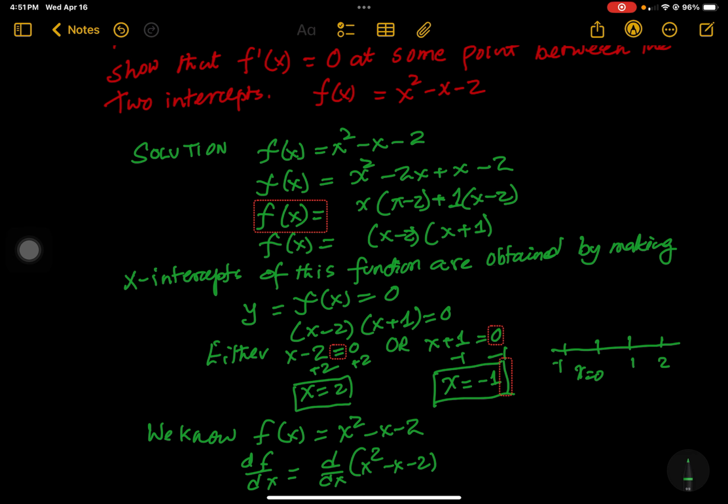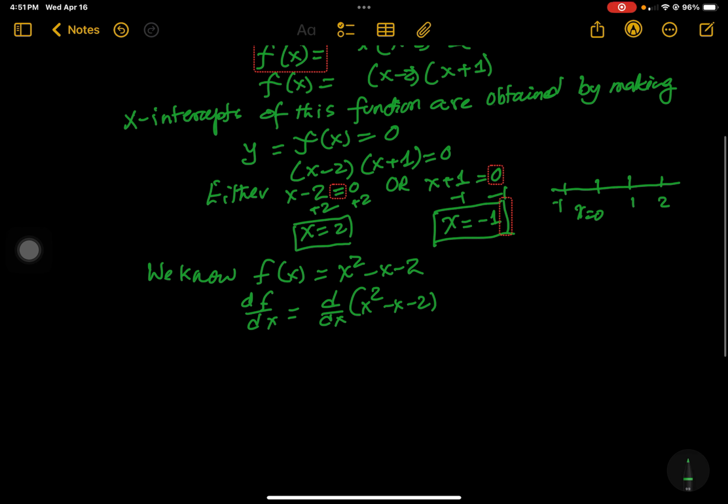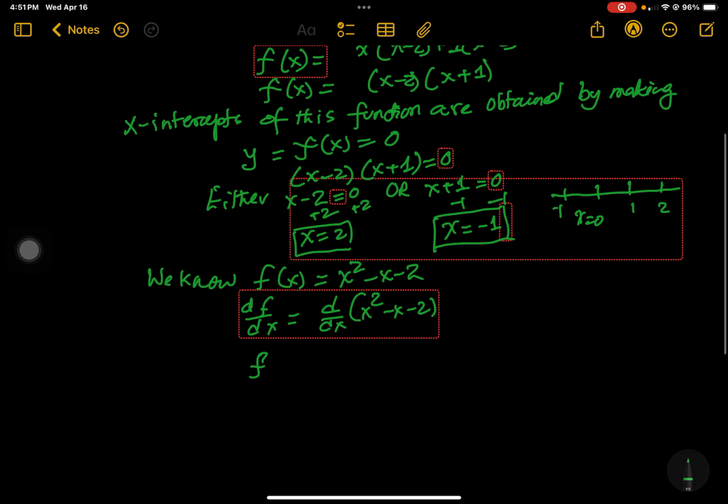That is equal to f prime x on the left, equal to 2x, and the derivative of minus x is minus 1. So the derivative of f of x, f prime x, is 2x minus 1.